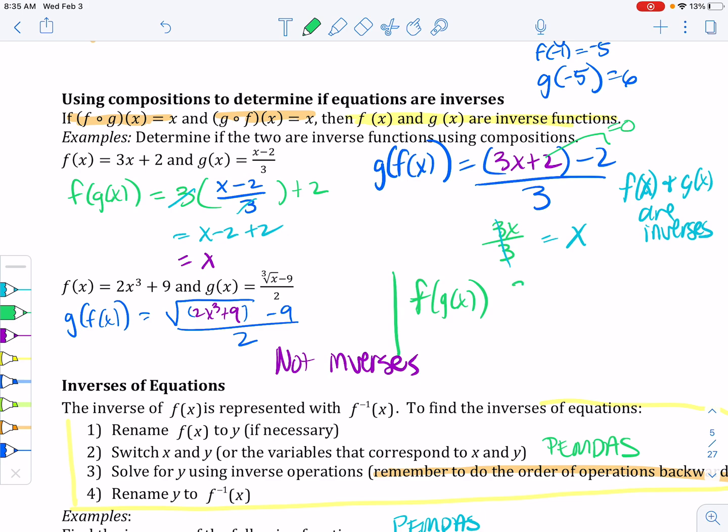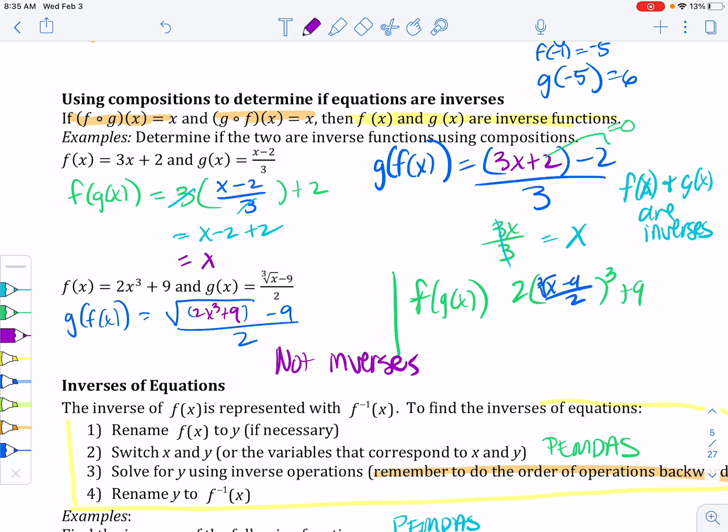So we would do 2x cubed plus 9, and in place of the x, we would put in the cube root of x minus 9 over 2. Okay. If this whole thing is cubed, that means that I would have to use the binomial theorem expansion, or do this thing times this thing times this thing and multiply it out.